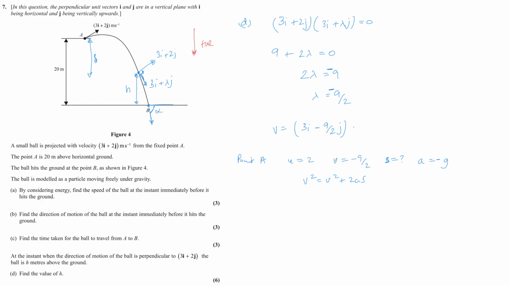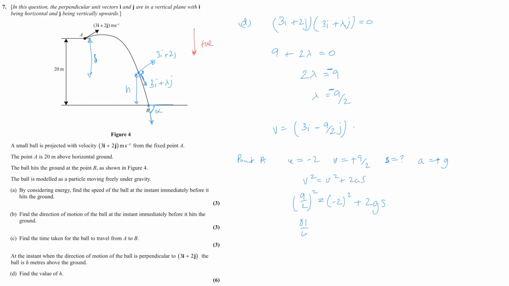Okay, so I could substitute in a negative one there, but let's change these, so that's minus 2 and that one's plus. So 9 over 2 squared equals minus 2 squared plus 2 times g times s.